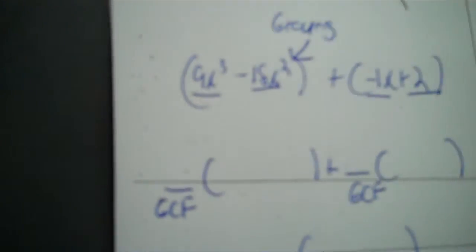Remember what we checked for on the GCF parts. Place the GCFs outside. Look in your first quantity. Do you have x on that last term? You do. You have x squared.